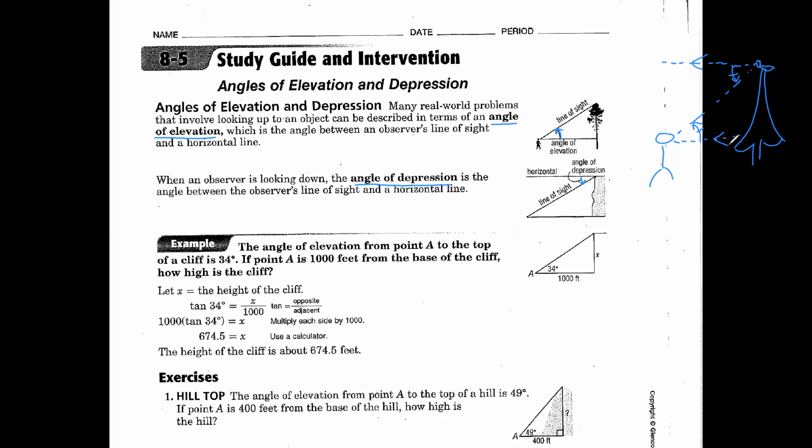So if they give us an angle of elevation, we also know the angle of depression. If we know the angle of depression, we know the angle of elevation. It should be the same. Questions there? Other than that, this is all the same as what we've already been doing. It's just word problems.